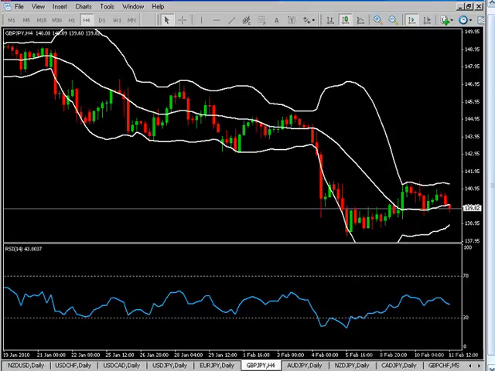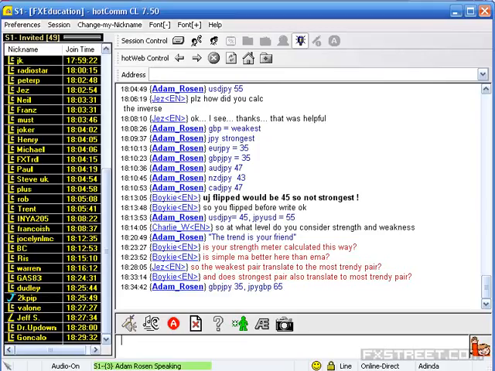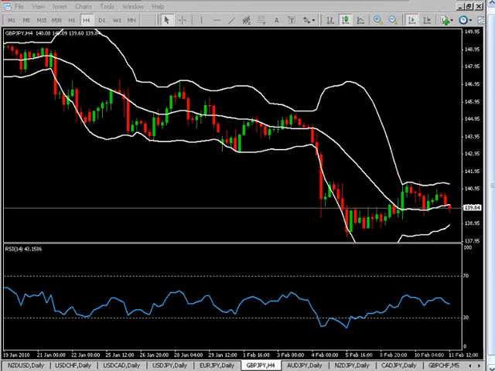If cable yen is 35, then yen cable would be 65, right? 100 minus 35 is 65. If we knew the yen cable currency pair, then I would still select the yen cable currency pair, and I would be telling everyone to look for buy signals because that is the most trendy currency pair, and the direction happens to be up.